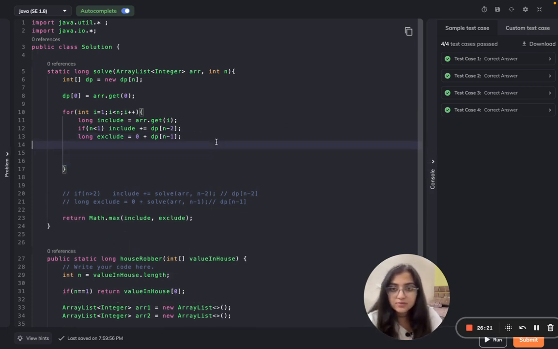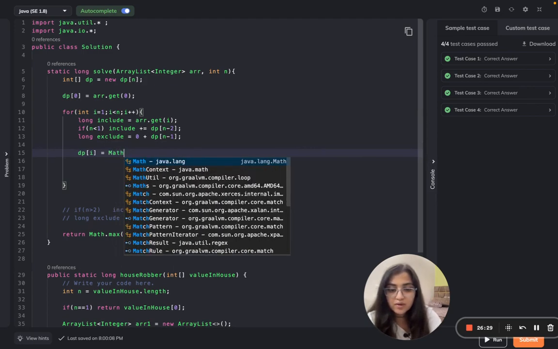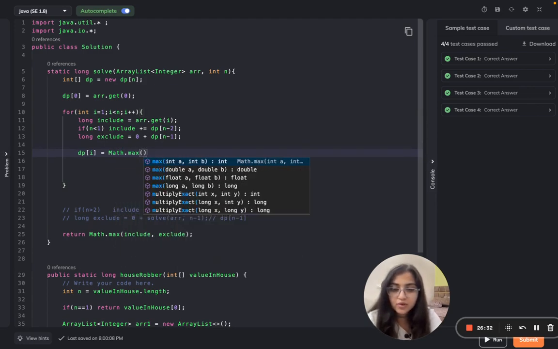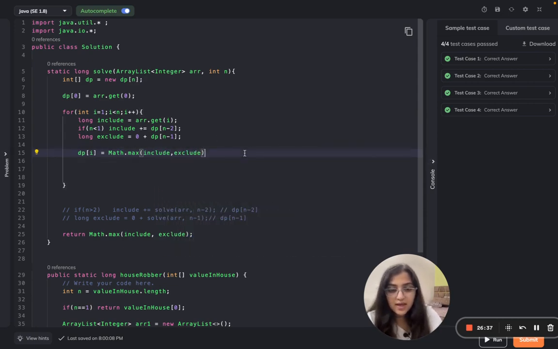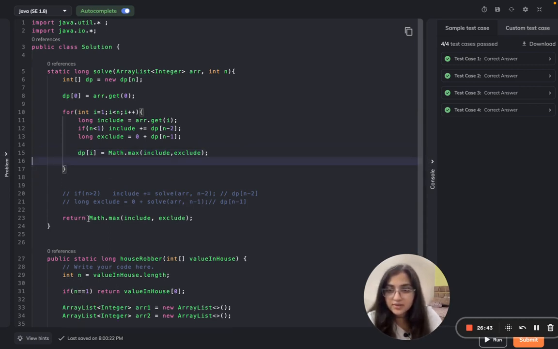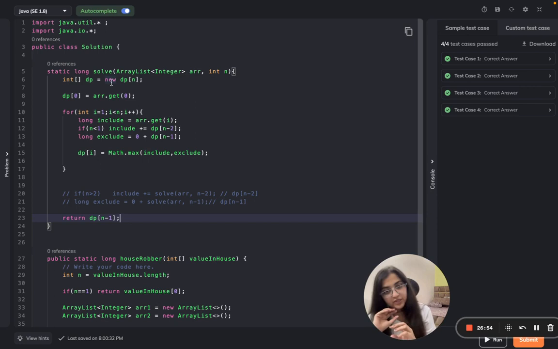So dp at the ith position will be equal to the maximum of include and exclude, and that's all. At the final stage, we'll just return dp at n minus 1. That's all. So just two changes. Instead of returning everything, we'll store everything in dp, and we will utilize the stored subproblem solutions for future problems.